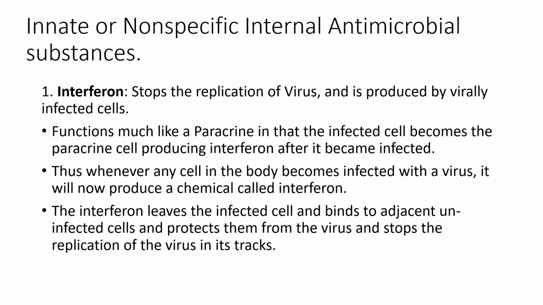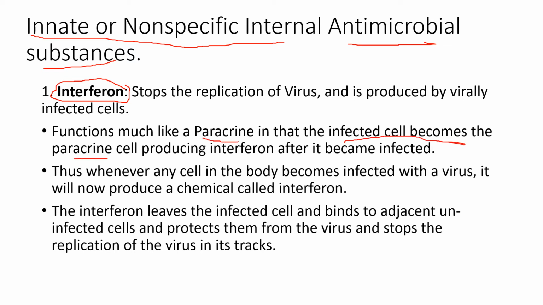Okay, so let's talk about the innate or non-specific internal antimicrobial substances. One of the proteins is interferon. Interferon generally stops the replication of virus. It's produced by a cell that was infected with a virus. So it functions a lot like a paracrine in that the infected cell becomes the paracrine cell and produces interferon after it became infected.